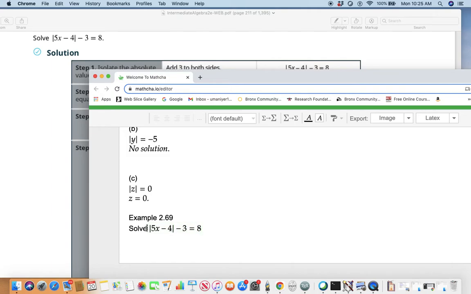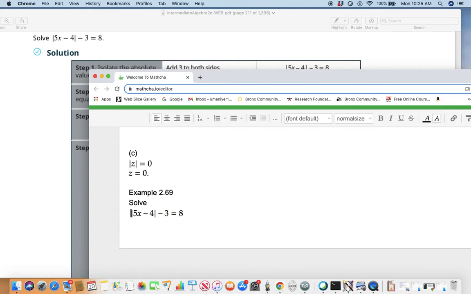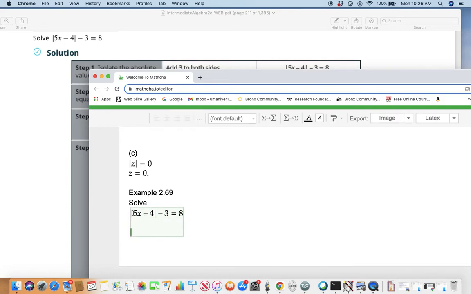Okay. Now here we need to do some work. Let's start. The goal is to solve for x. x is within the absolute value, so let me get rid of that 3 first. Add 3 to both sides of the equation.